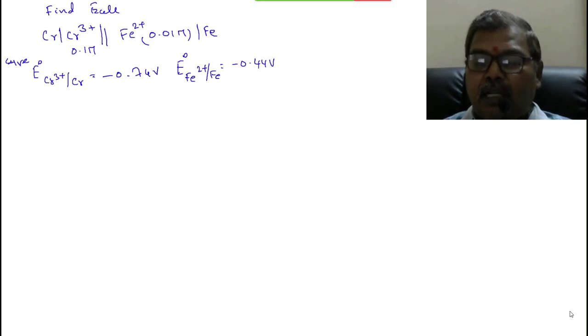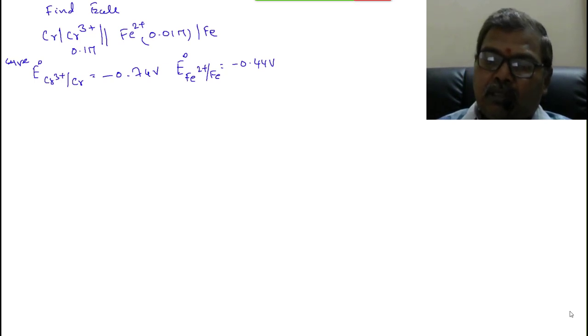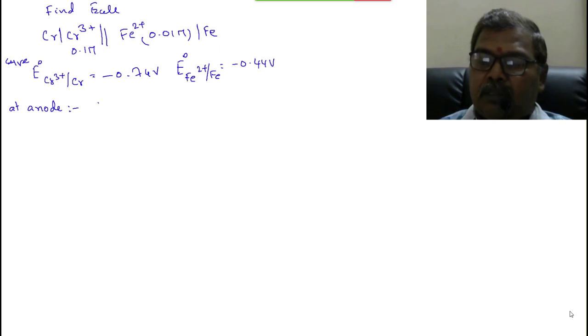We require the net cell equation. To get the net cell equation, first you have to write the reaction at the anode and the reaction at the cathode, and then the net cell equation. So first write the reaction at the anode: Cr to Cr3 plus plus 3 electrons.